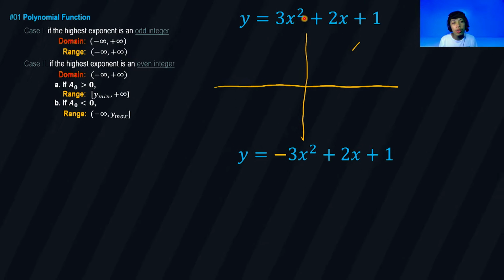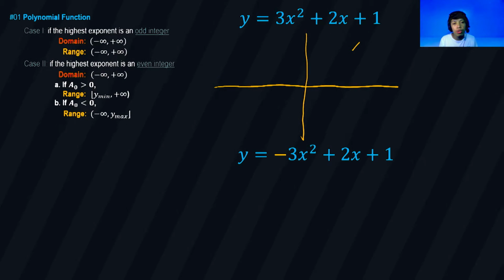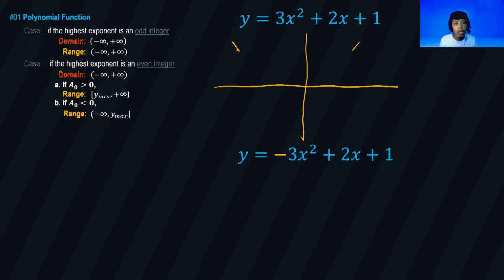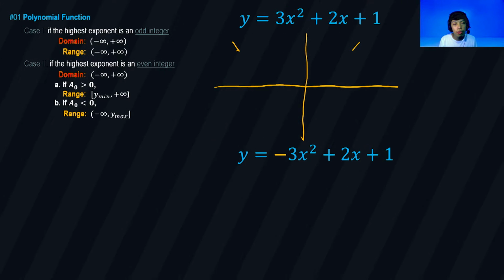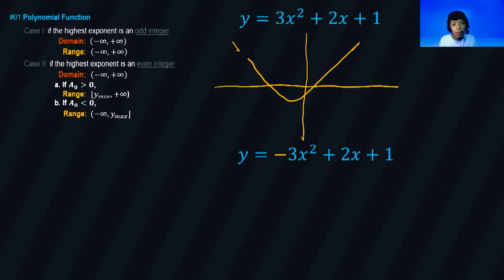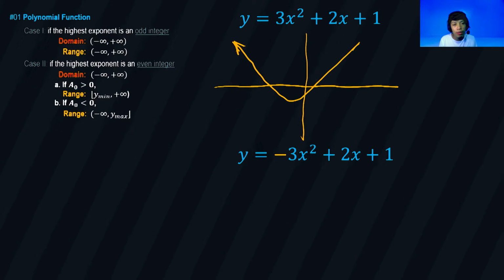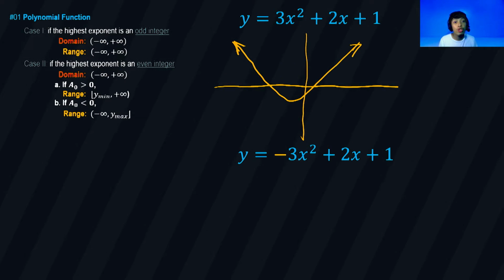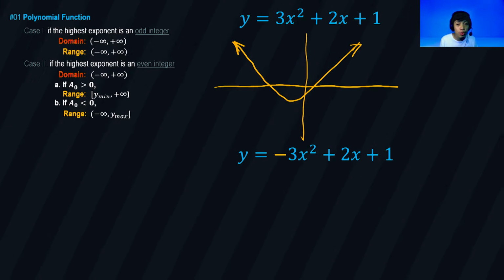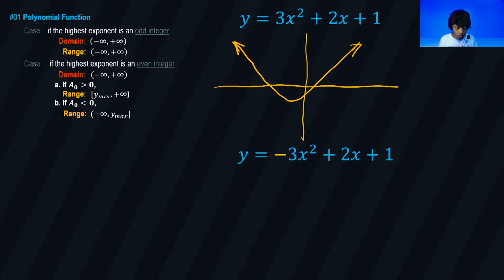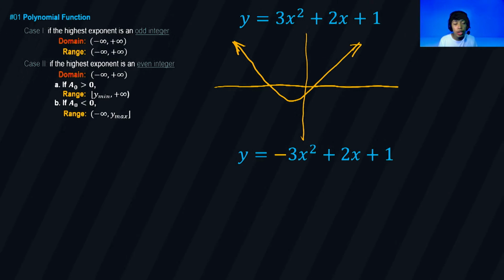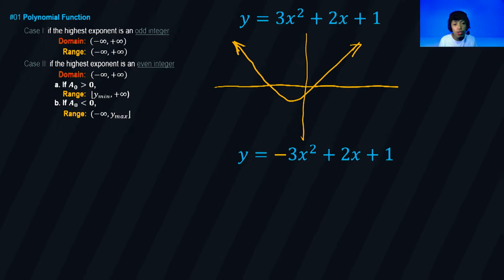And since the degree is even, it would end on quadrant 2. So your graph would look like this. Again, I'm not saying that this is the actual graph of this function. I'm just trying to understand the behavior of the graph so that we can identify the value of the range.